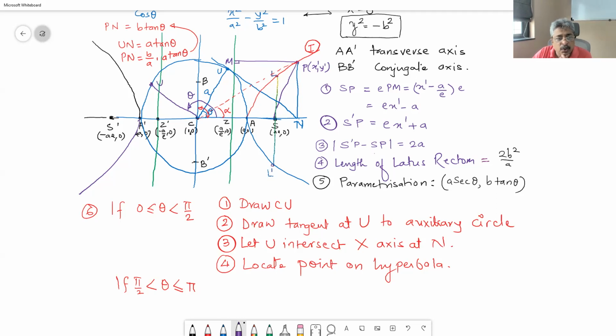Draw CU, draw the tangent at U. You got point N. From N, go to the hyperbola. So from N, I have two choices: to go here or to go here. So let me call this P1. I want to locate P2. Will this be P2, that is in the second quadrant, or will this be P2, which is in the third quadrant? What is your answer? What is your thinking on that?